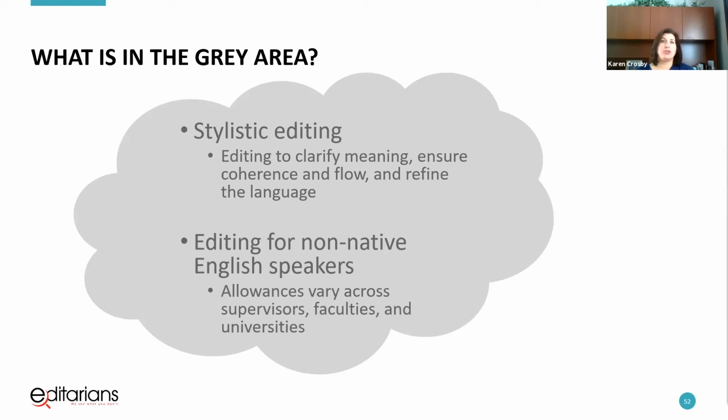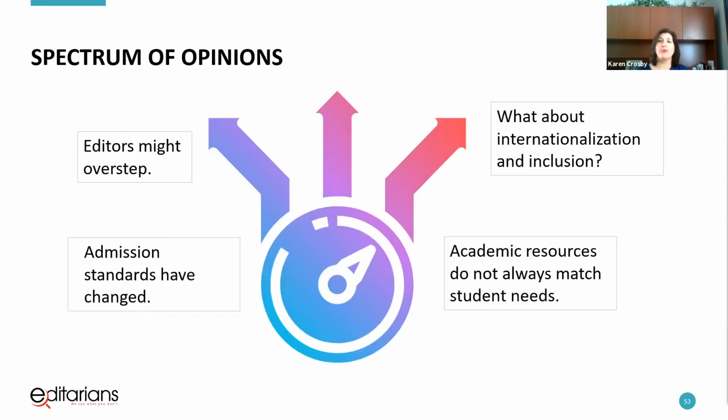And editing for students whose first language is not English can be especially tricky because much more stylistic work is typically required to get the content to be coherent and to flow well. So what is or is not allowable is sometimes a matter of opinion, and those opinions vary. I would say that this topic is an ongoing conversation.